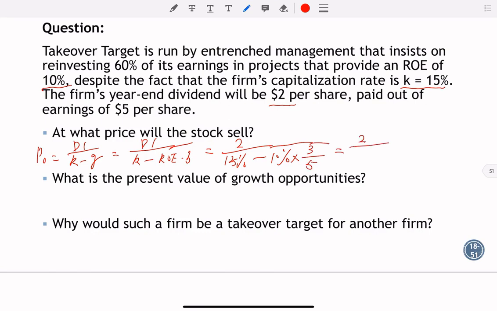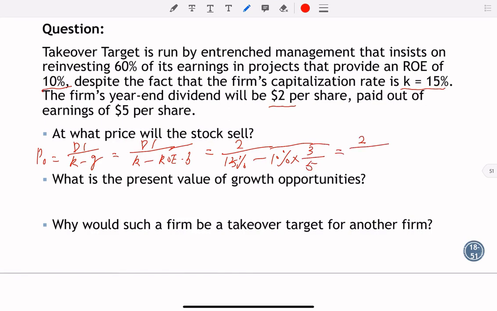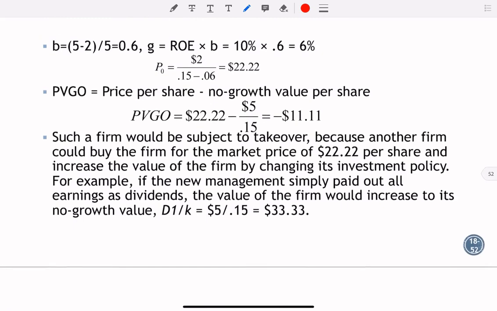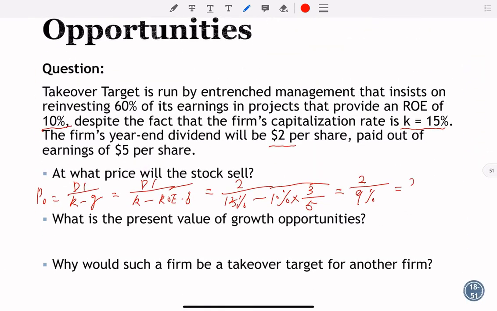So this is 15% minus 6%, so 2 divided by 9%. This gives us 22.22.